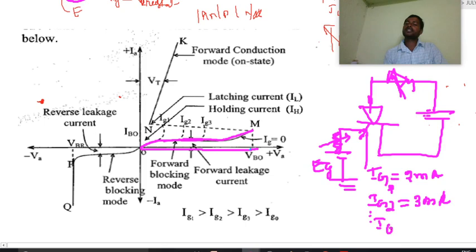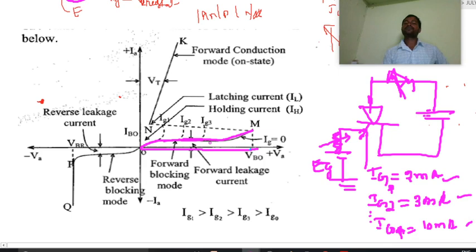By varying the variac, Ig4, for example, is 10 milliamps. Like that, by varying the gate supply EG, we can increase the gate current IG.